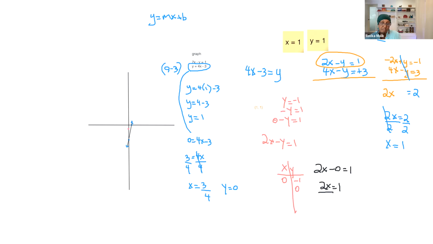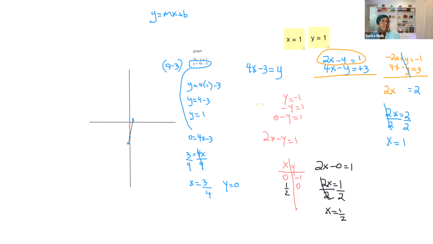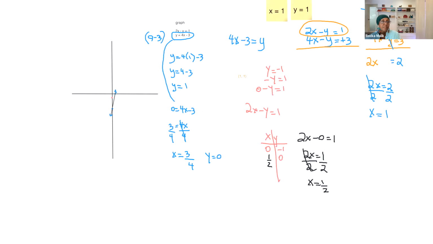I want to divide by 2 because I want to get x by itself. So x equals 1/2 when my y is 0. x is 1/2.